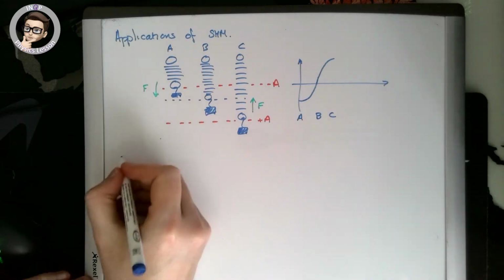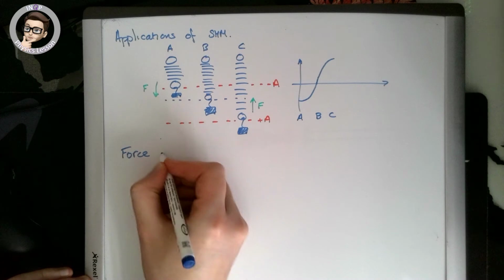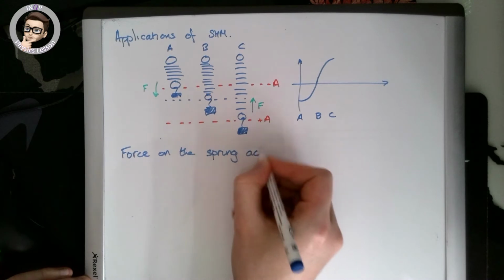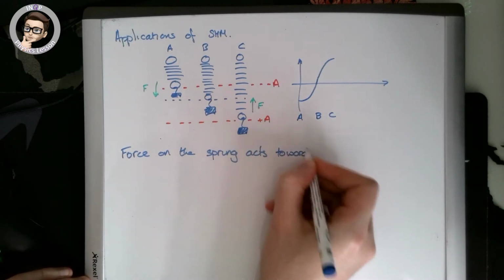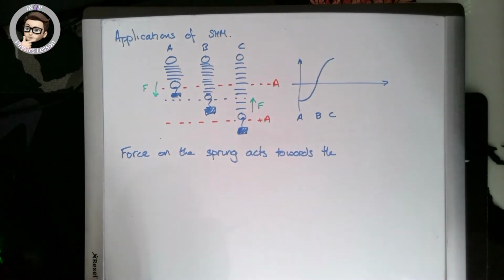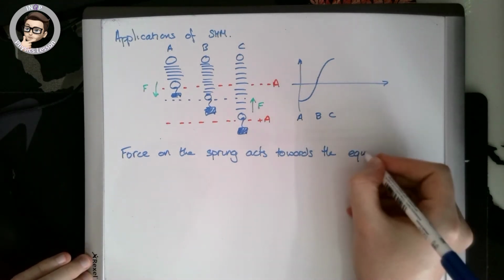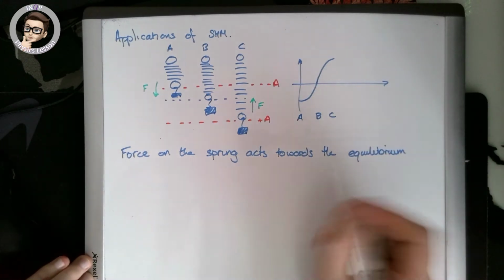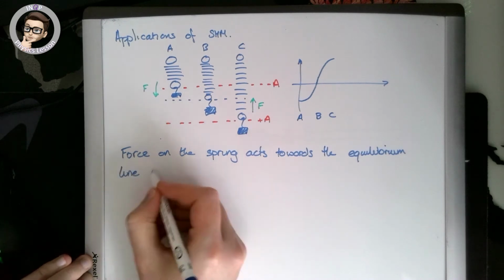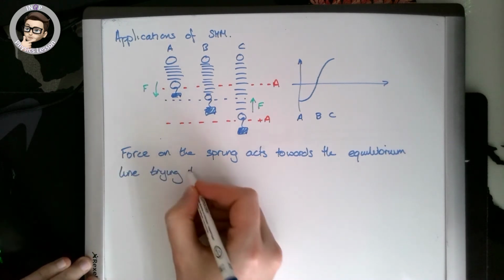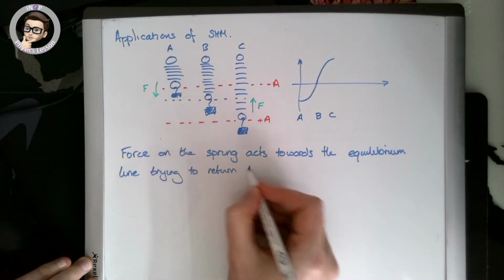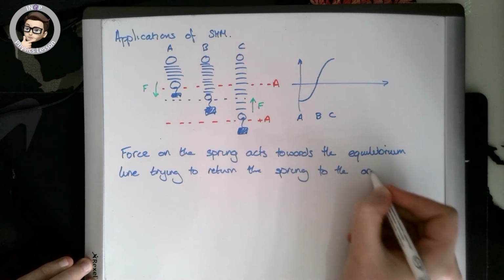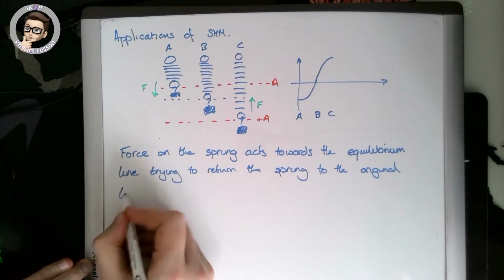So the force on the spring acts towards the equilibrium line, or the mass equilibrium line if you want to be more specific, but we'll call it the equilibrium line, trying to return the spring to the original length.